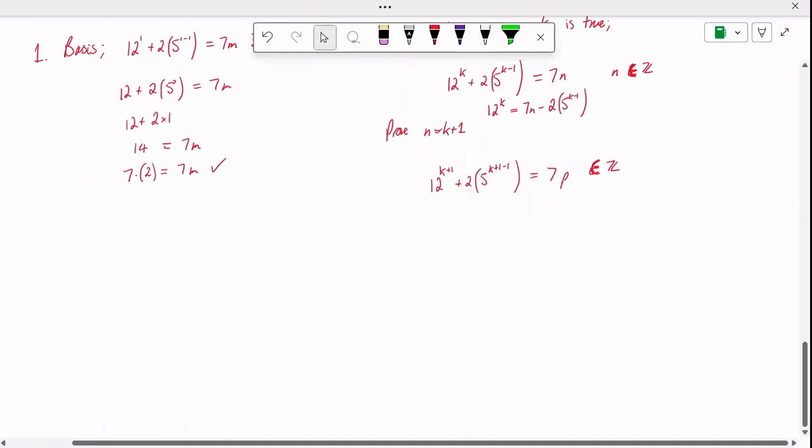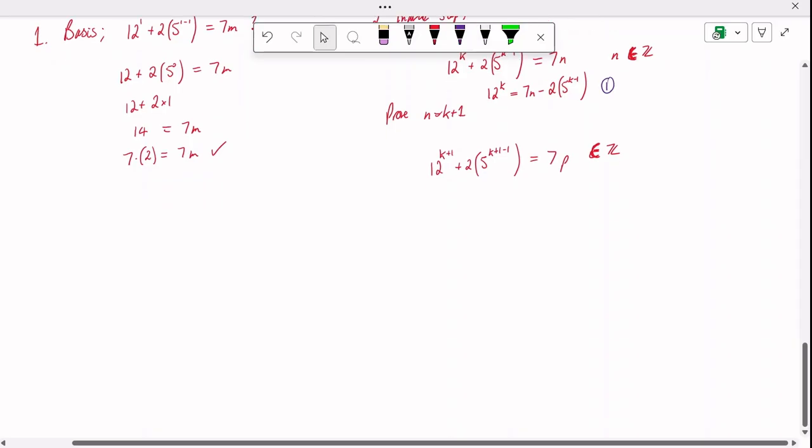And this gives me something really easy to substitute in. Because if I expand this 12^k, I'm dealing with 12 to the k times 12 to the 1. I can simplify this to just 5 to the power of k. I'm going to sub in 1.